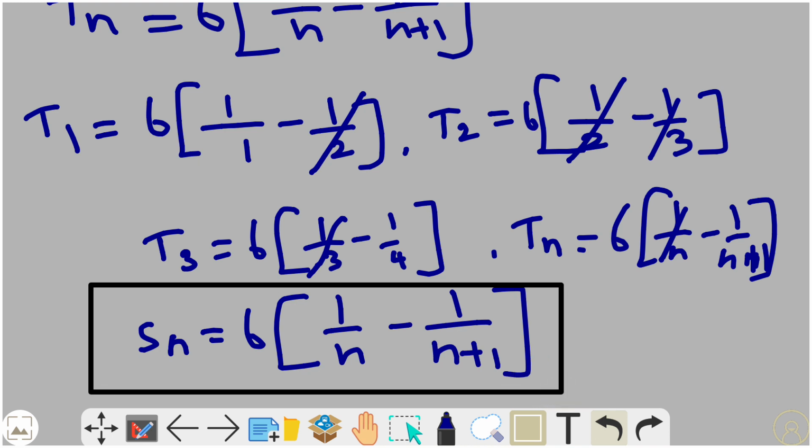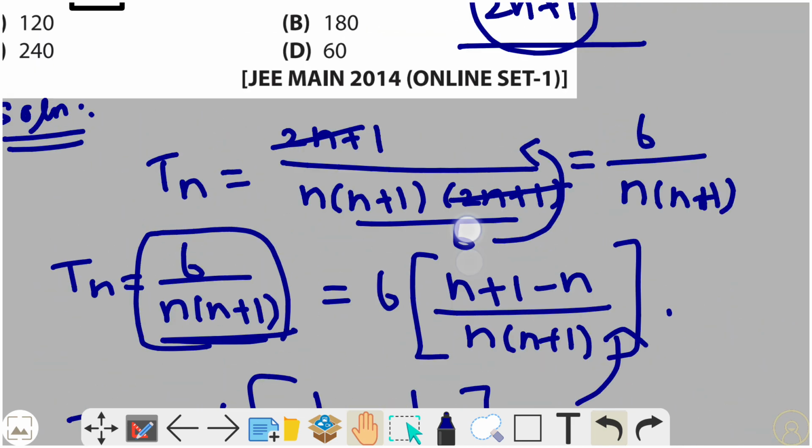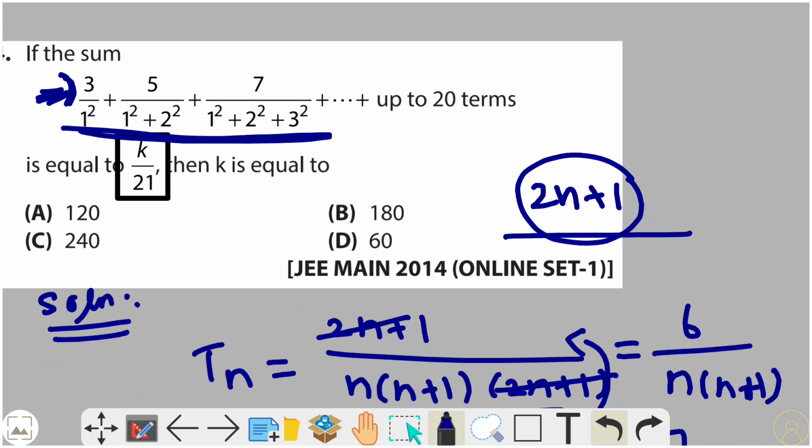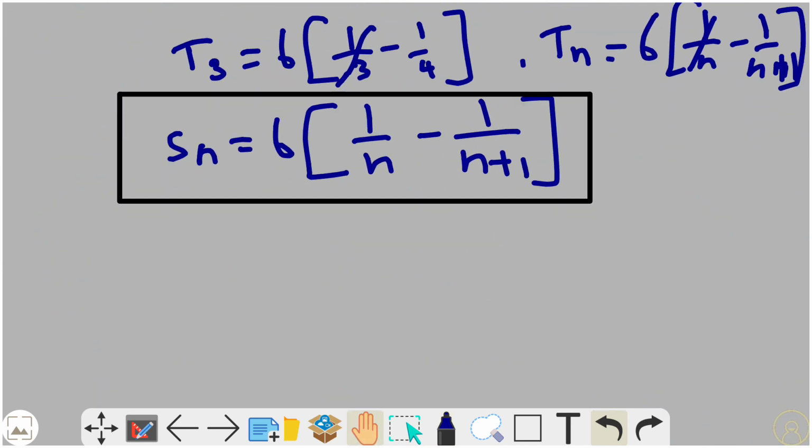Okay, so the sum of the finite series Sn is equal to 6 into 1 minus 1 by n plus 1. In our question we need to add 20 terms, so obviously n equals 20, and we substitute n equal to 20 here.